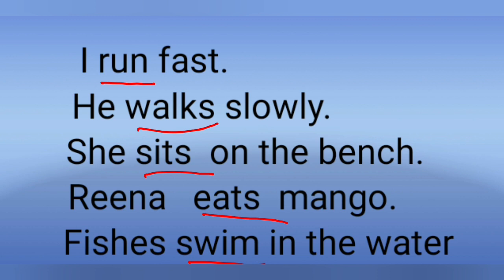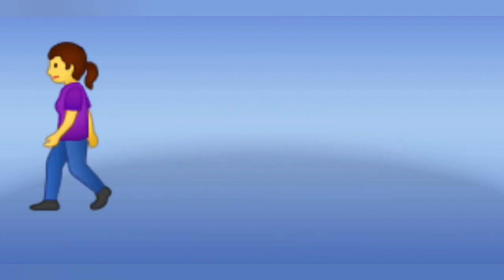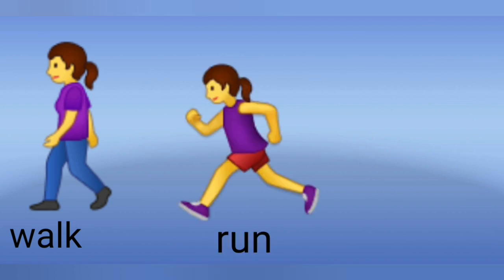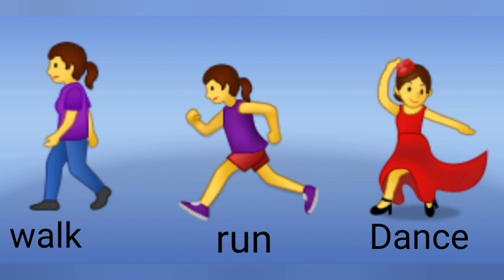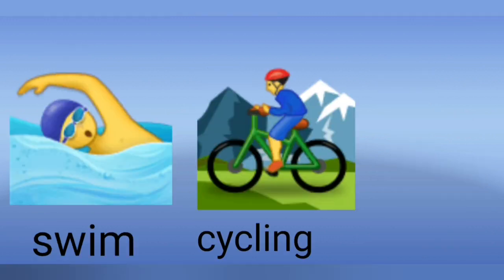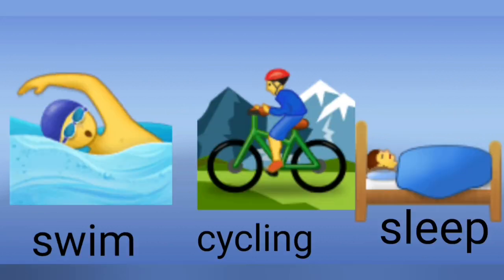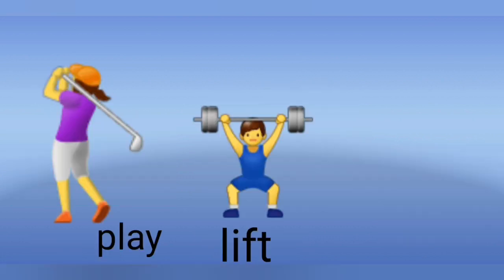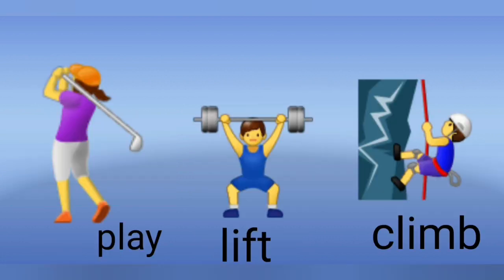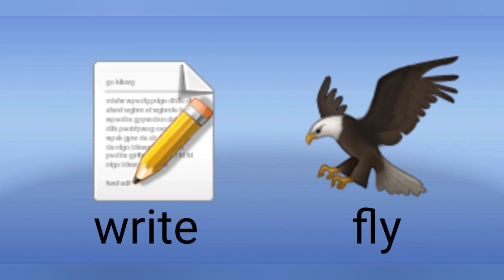So the action words tell us what a person, animal or thing does. Some action words are walk, run, dance, swim, cycling, sleep, play, lift, climb, ride, fly, etc.